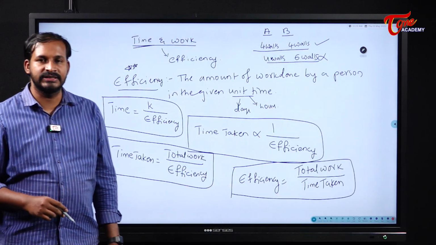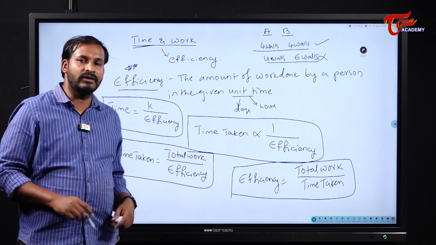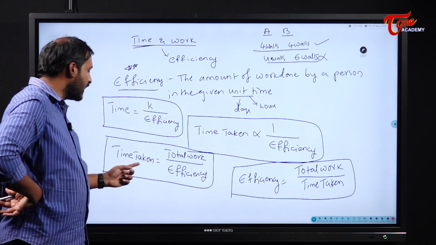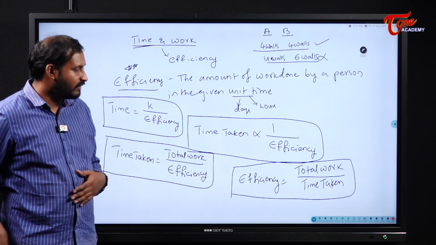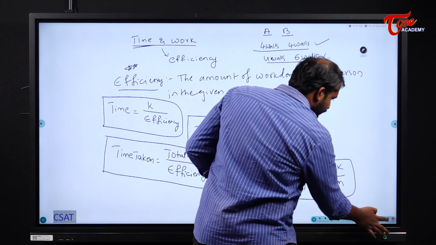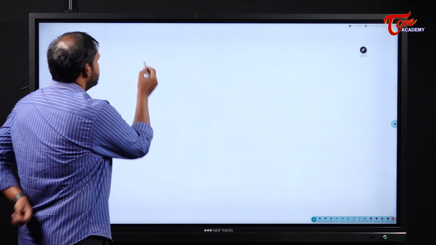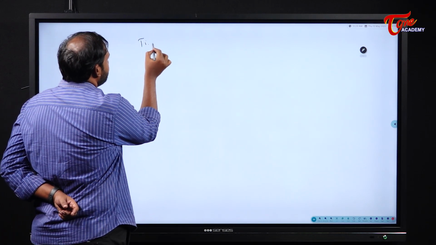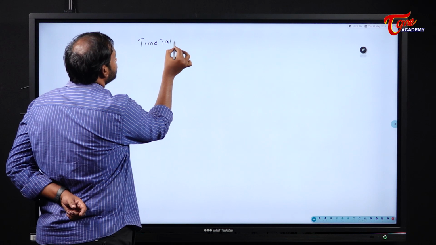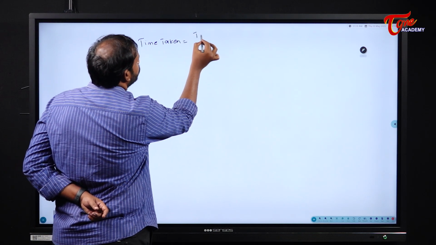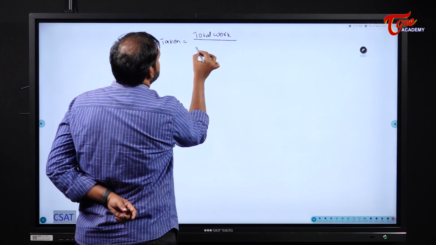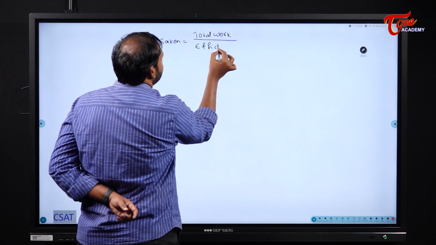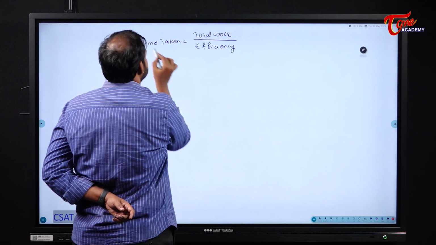Now, students, tell me one thing: if I want to find total work, how can I find it? Time taken into efficiency. This is one method. Time taken is equal to total work by efficiency, as we have discussed already.